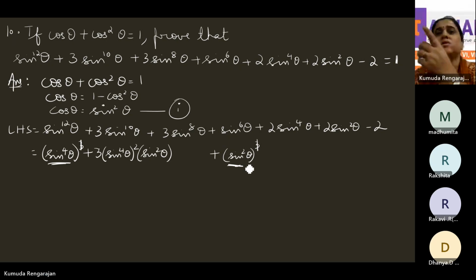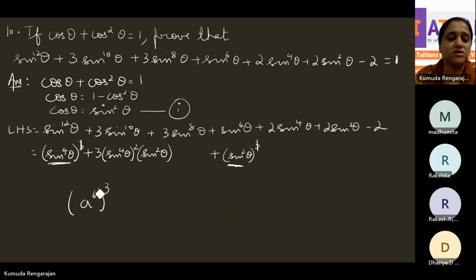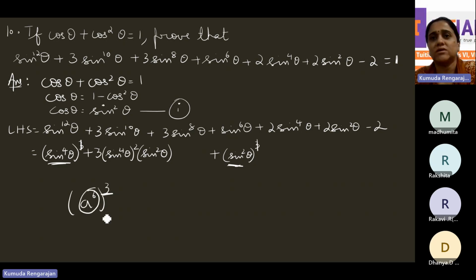No? I'll explain again. See, one second. If I have x cubed, what is x? Supposing I have y to the power 7, the whole power 3.